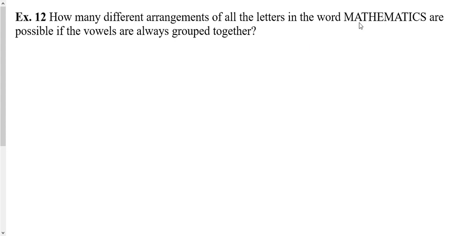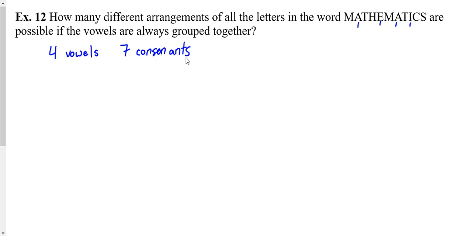In here we have A, that's a vowel, E, that's a vowel, A again, that's a vowel, and I, that's a vowel. So here we have 4 vowels. That leaves us with 7 consonants. In total, 4 and 7 make 11 letters in total.